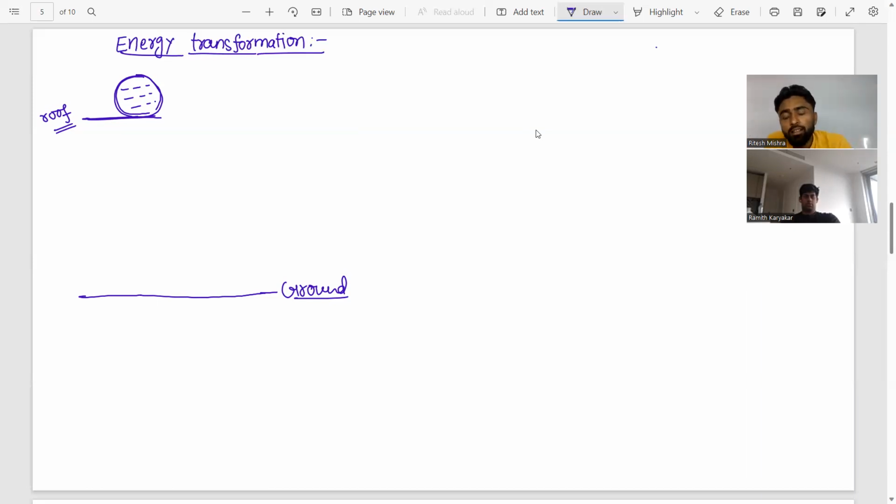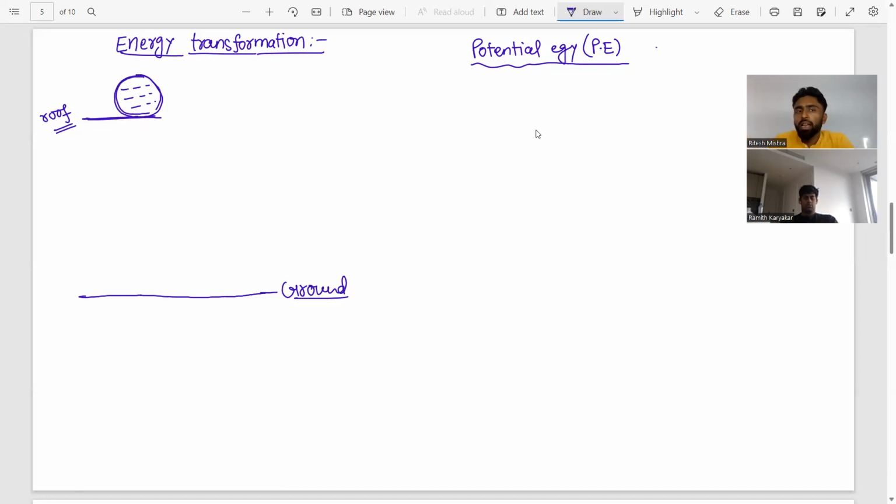What is potential energy? If a body is displaced from its mean position by some distance, then that body has attained some potential energy.